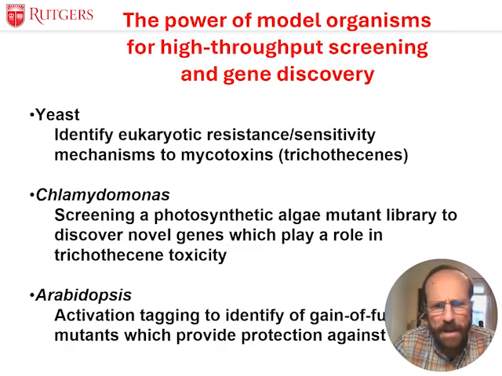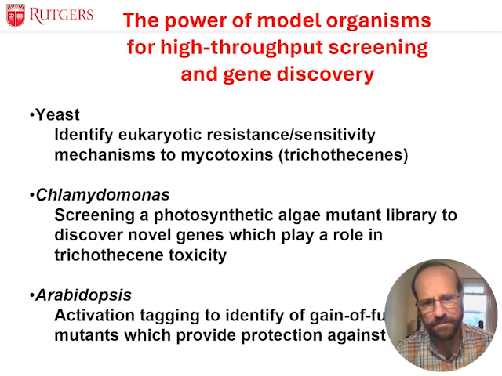So, the power of model organisms for high throughput screening and gene discovery. In yeast, we can identify eukaryotic resistance and sensitivity mechanisms to trichothecenes if we screen a yeast genetic mutant library. With Chlamydomonas, we can do something similar, screening a photosynthetic algae mutant library to discover novel genes that play a role in trichothecene toxicity.